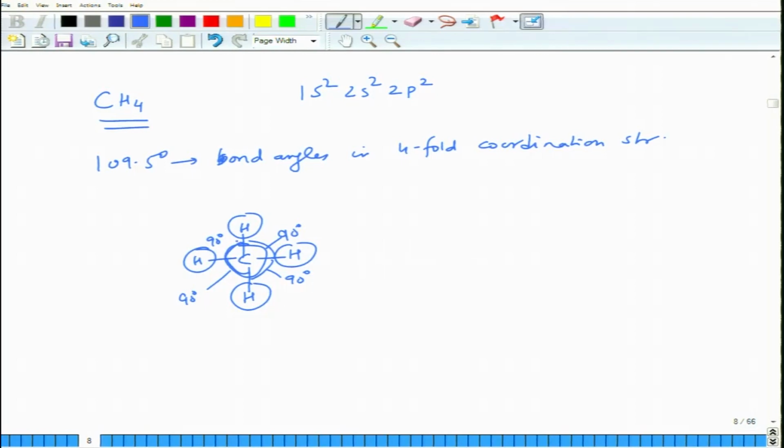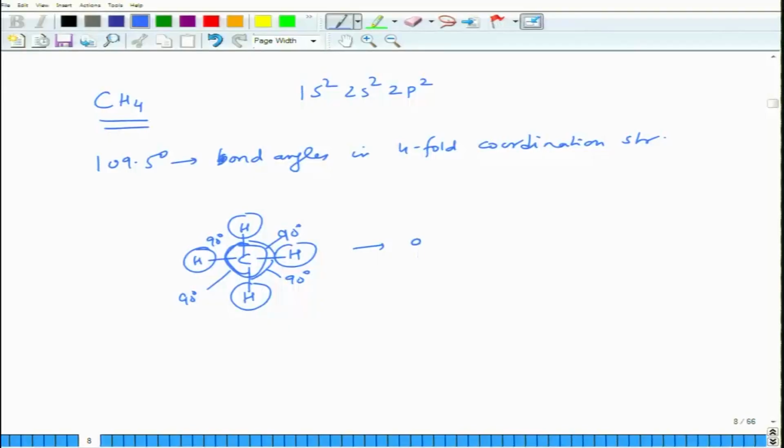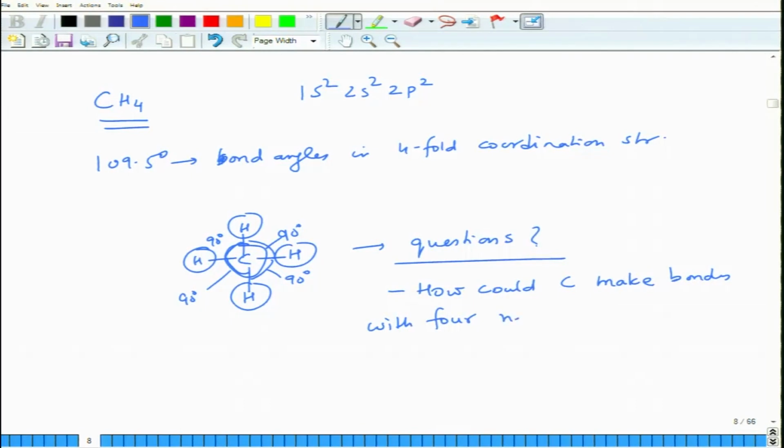Because 4 bonds mean carbon will have to share 4 electrons. Where do those 4 electrons come from? So these were the questions which led to a modified theory. The questions were, how could carbon make bonds with 4 neighbors?